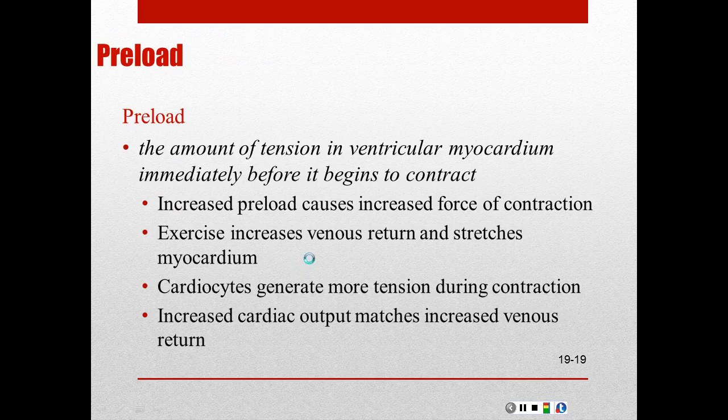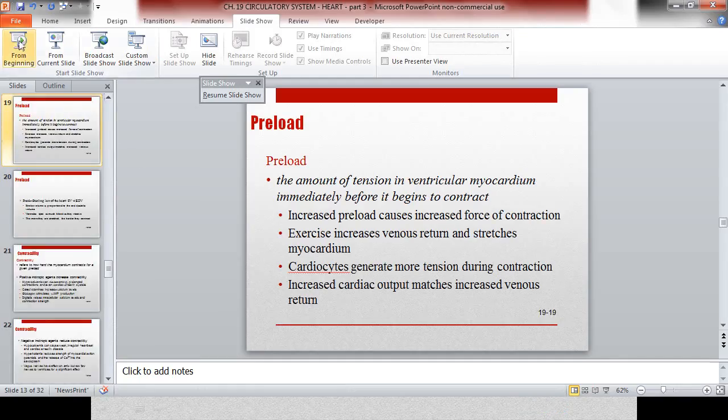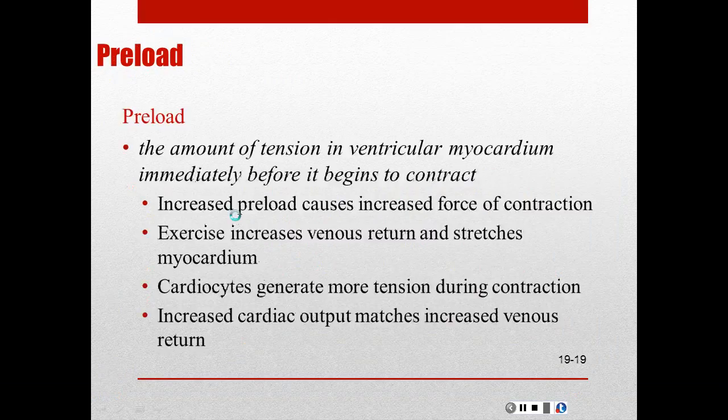Now, preload. Preload is the amount of tension in the ventricular myocardium immediately before it begins to contract. So right before it contracts, there's some tension in the ventricular myocardium.